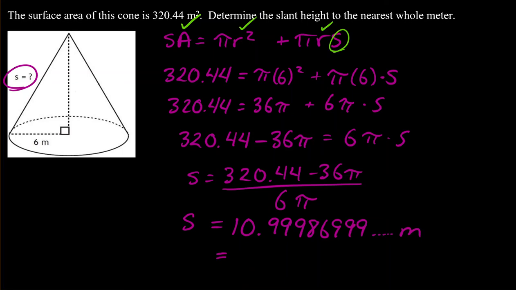If we round to the nearest whole meter, that's pretty darn close to 11 meters. So the slant height is 11 meters. The key here is don't plug in pi, because you're going to get a bunch of huge decimal numbers. Just plug in your other values and then use pi as almost like, not a variable, but a number that you don't want to substitute yet because it's irrational.